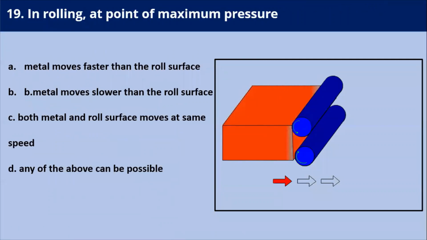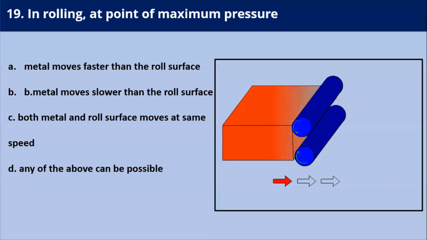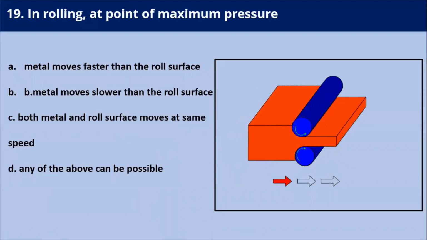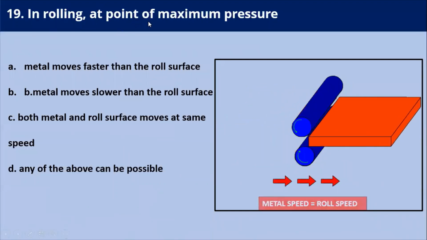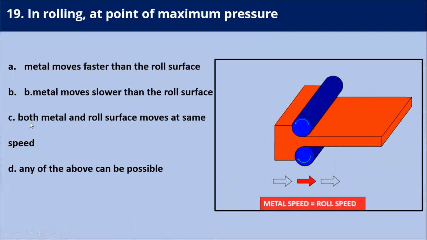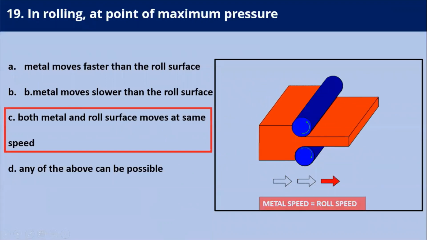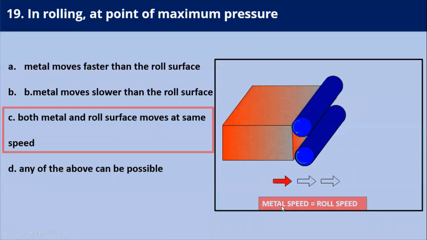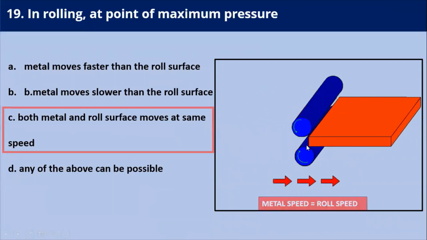Next question. In rolling, at the point of maximum pressure... Now, what is this question actually? It asks where the maximum pressure is exerted: when both the metal and the roll surface move at the same speed, the speed of the metal and the speed of the roller should remain the same.